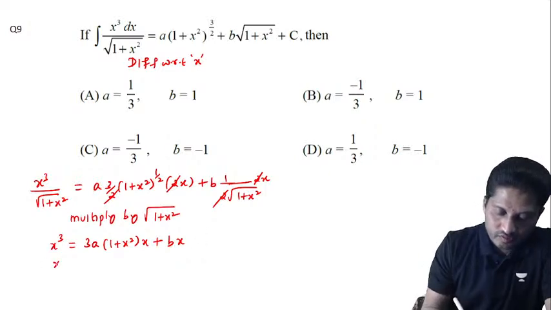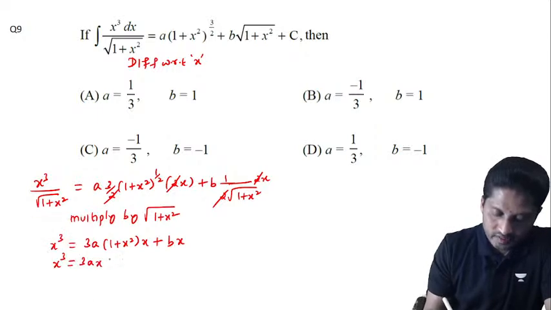Alright, now x cube is equal to 3ax, this is 3ax plus 3ax cube plus bx.